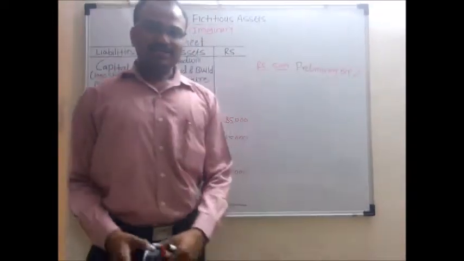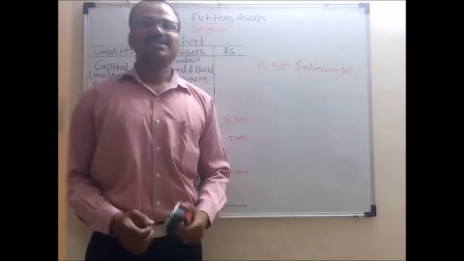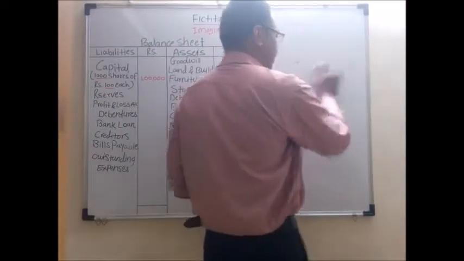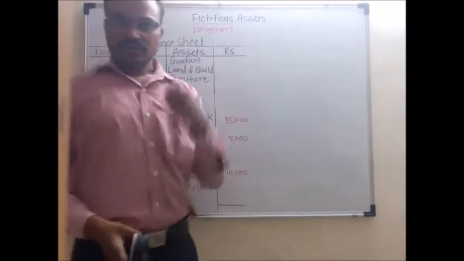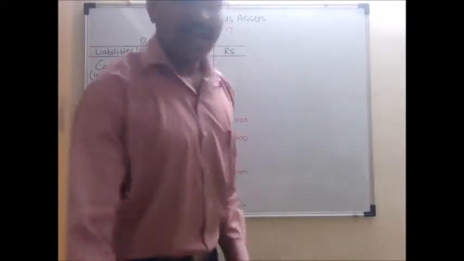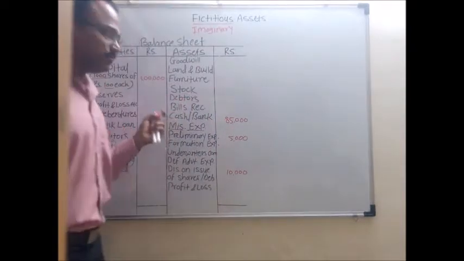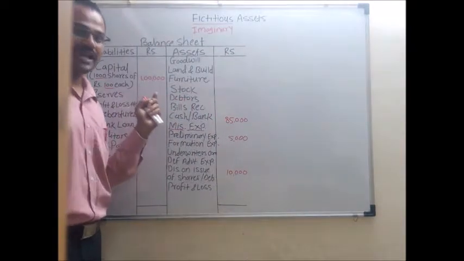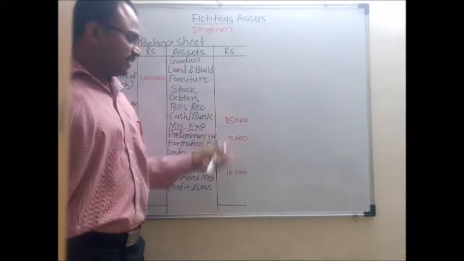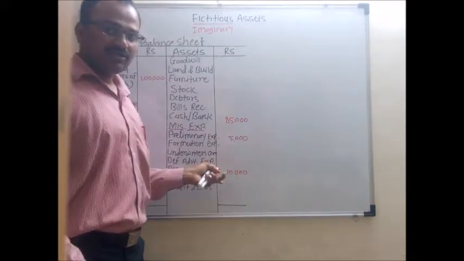To understand the concept of fictitious assets in detail, let us see the development of my company or my business. I have started this business by issuing 1 lakh rupees of share capital, and I have issued shares at a discounted price.